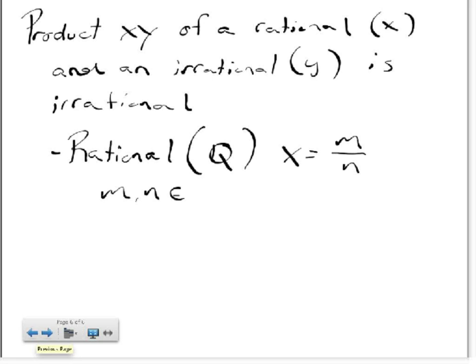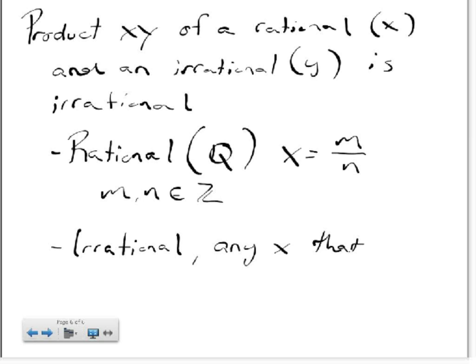So m and n are elements of Z. And an irrational is any x that is not rational.